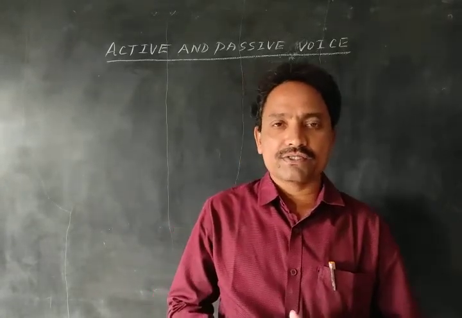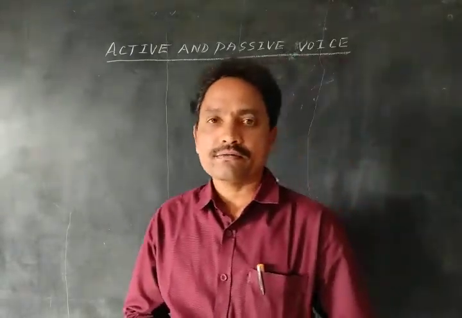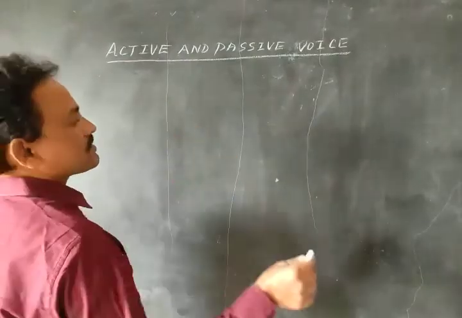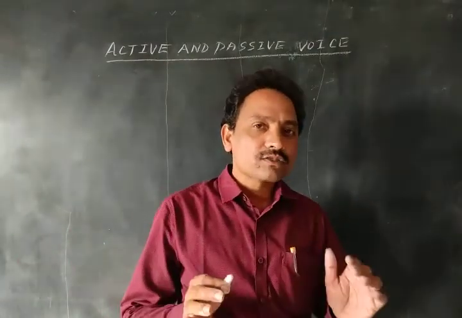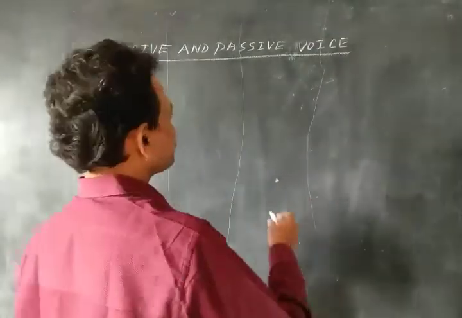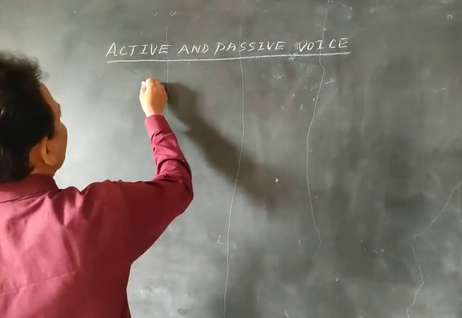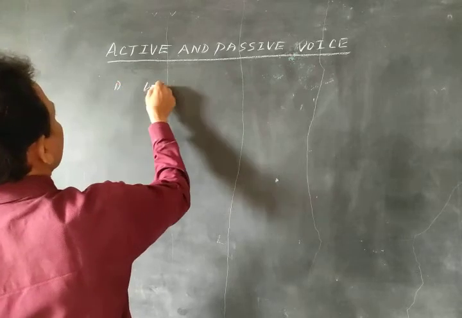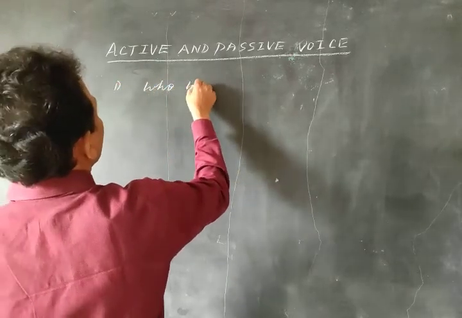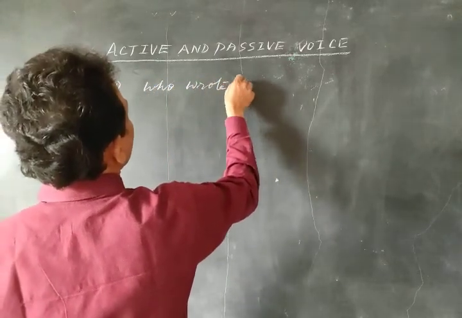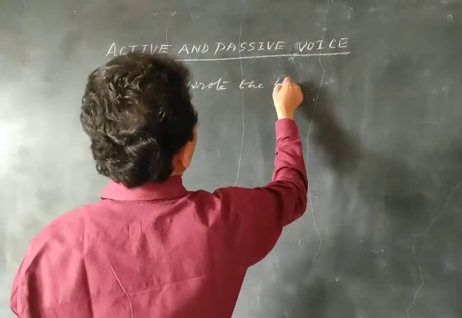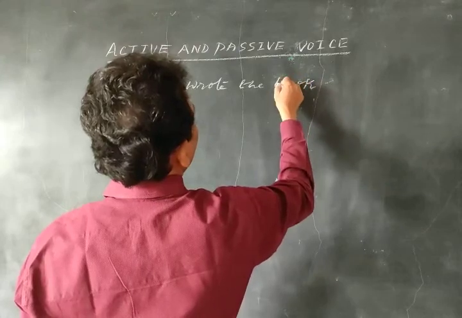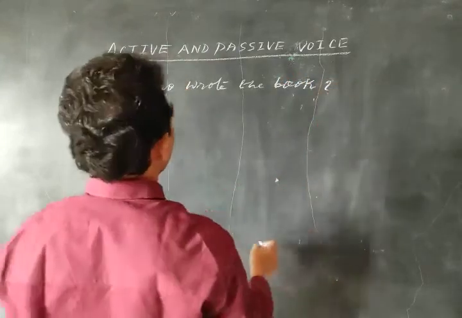So let us start these interrogative sentences. For example, I am writing here, what are the two types of questions? First one, who wrote the book?